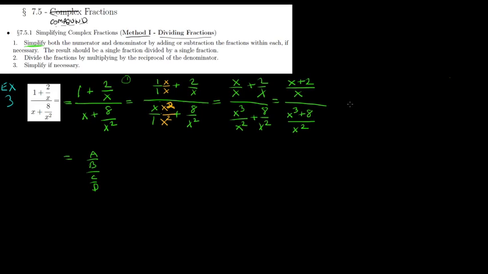Okay, so now this was step 1. We simplified the numerators, we simplified the denominators. Now we have our a over b, right? So we have a over b divided by c over d. This is my a, this is my b, this is my c, this is my d. Okay.